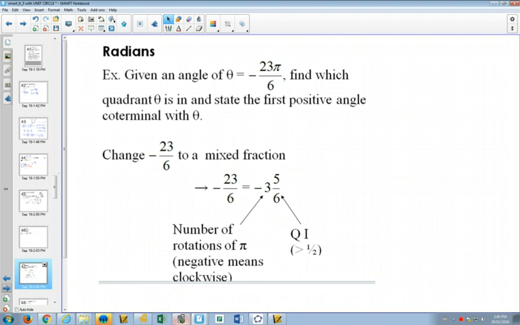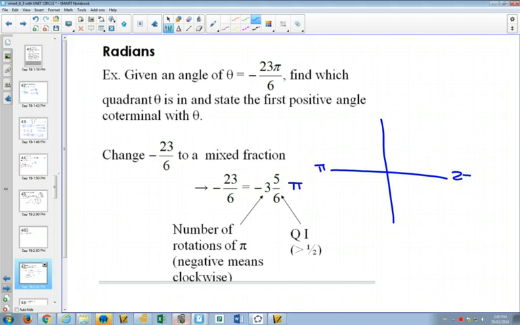Now we have to be careful here because the negative 3 doesn't mean negative 3 times around. It's negative 3 and 5/6 pi, and pi is only halfway around. Does that make sense? Because when you get to pi, that's only 180 degrees. That's halfway around.